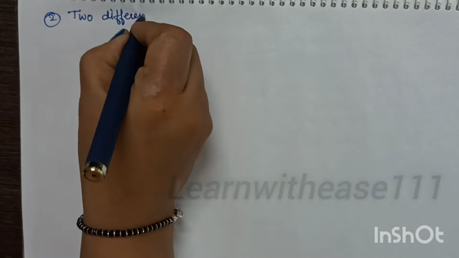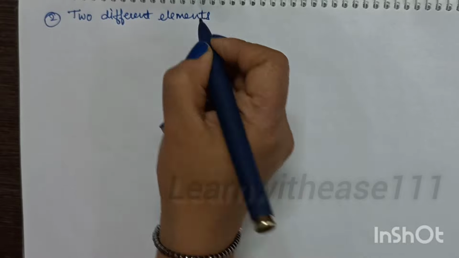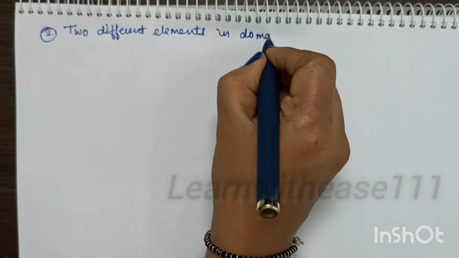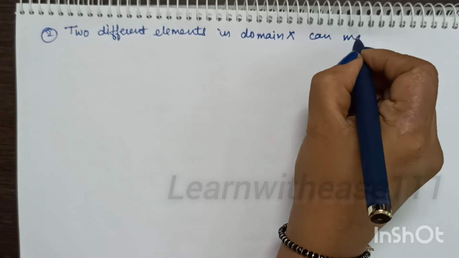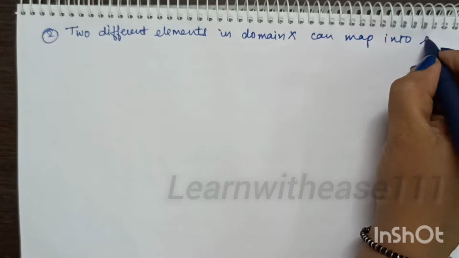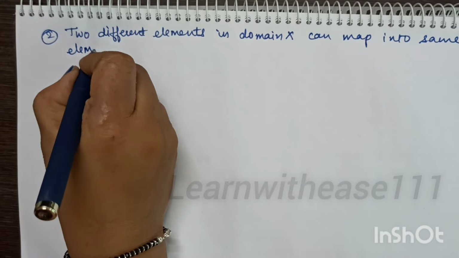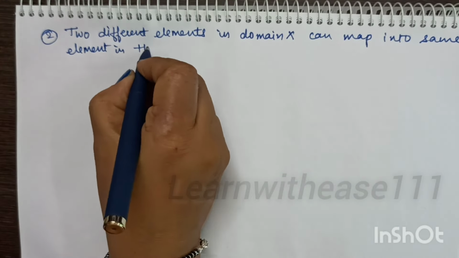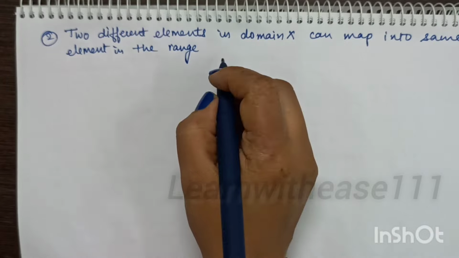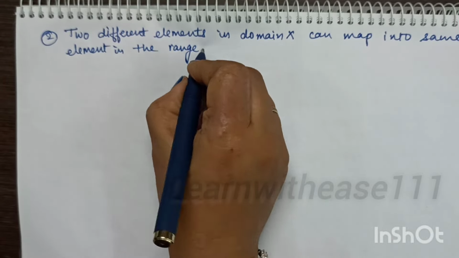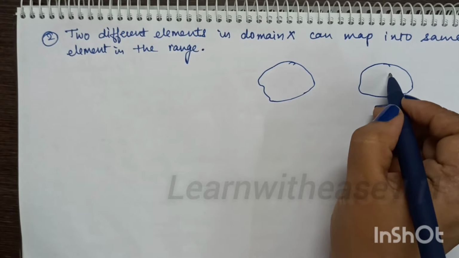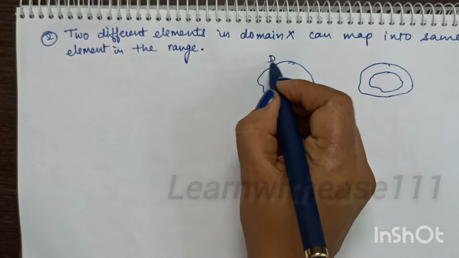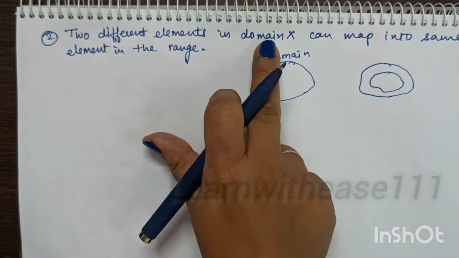The second rule states that two different elements in the domain can have the same image in set Y. In fact, not just two different elements, more than two elements can also have the same image.